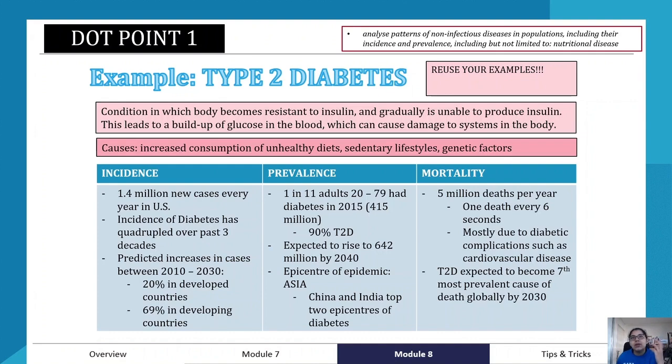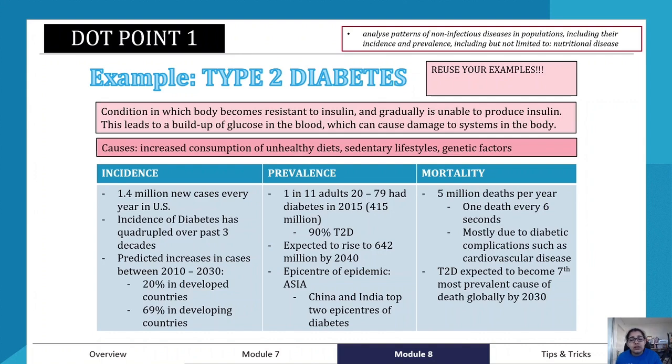In the early stages, you're going to need more insulin to reduce the glucose levels. Over time, if your body keeps requiring lots and lots of insulin to control the glucose because you're constantly eating unhealthily, your body becomes resistant to insulin, and ultimately your body stops making insulin.